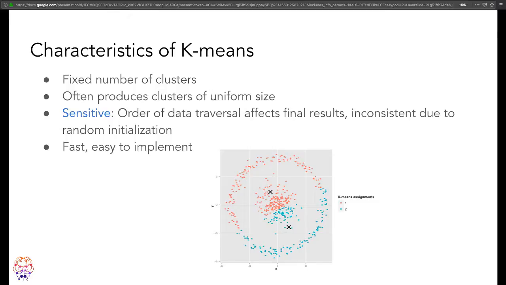But k-means has very literally minimized the distance of each point to each cluster, and it's created this weird divide between the two, which isn't necessarily desirable in all cases. If we were to initialize those centroids at any other point, we could divide the data any other way. So sometimes it's not so meaningful, but it is very fast and easy to implement, and it is very widely used.